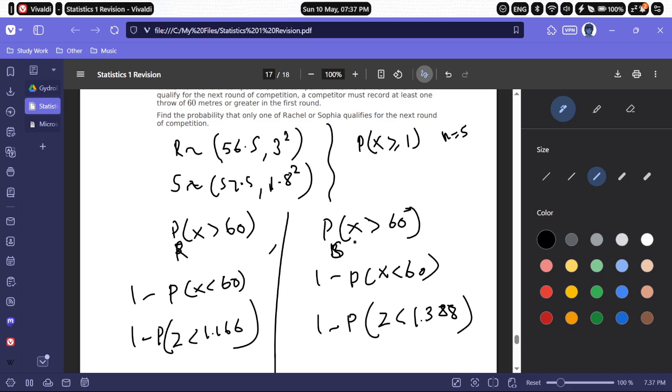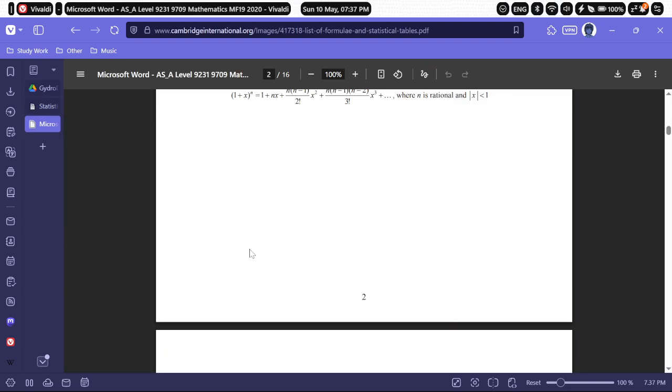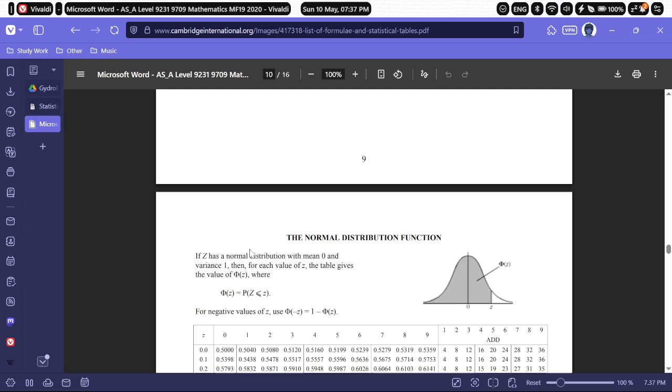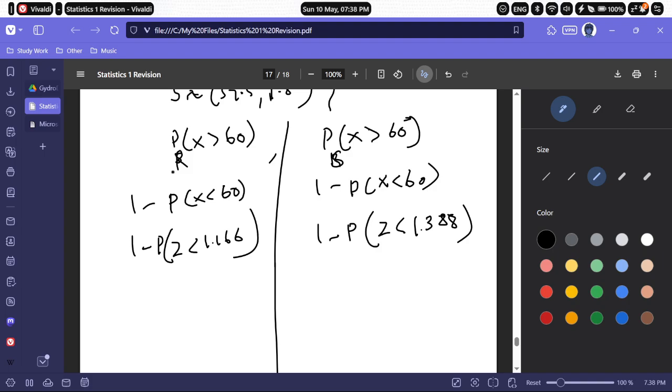You just have to use your MF19, or you can even use your calculator to find out the area. So for 1.1666, 0.8770 plus 0.0012, and you subtract that value from 1.